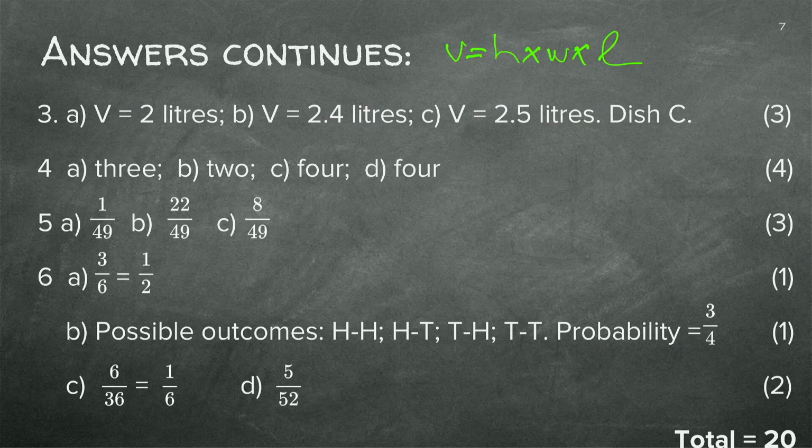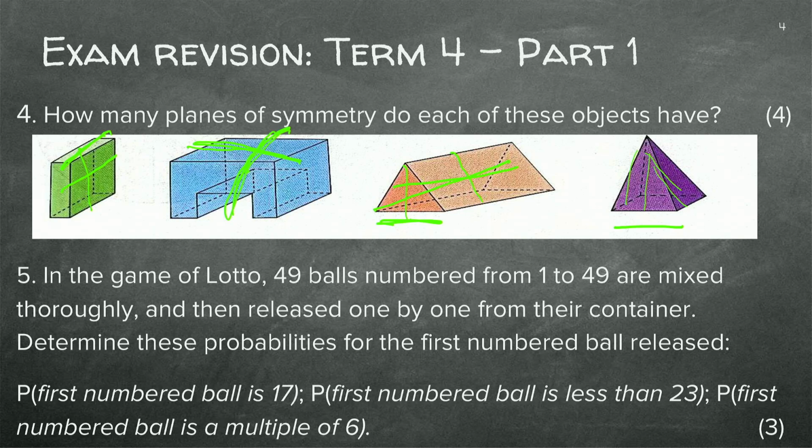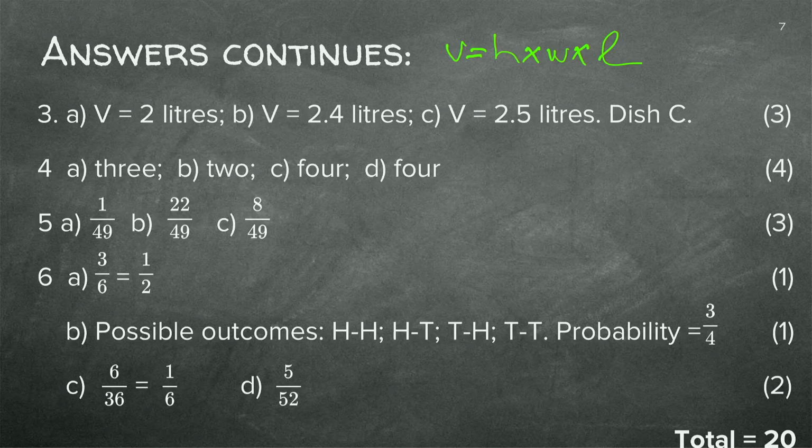So the probability to get 17 will be, there's 1 chance out of 49. Okay. So the probability of the first number ball being less than 23. So we've got 22 chances, right? So the probability then would be 22 over 49.